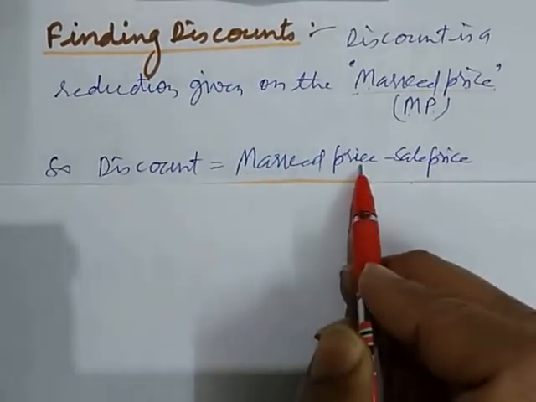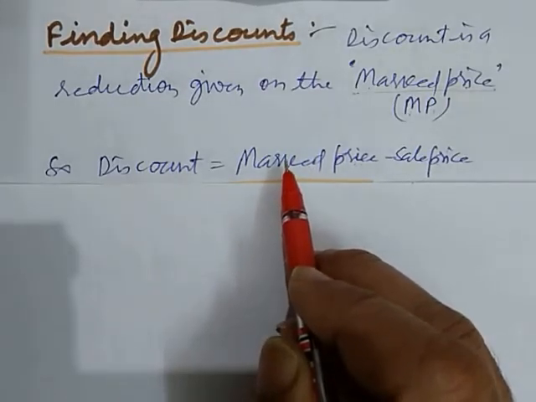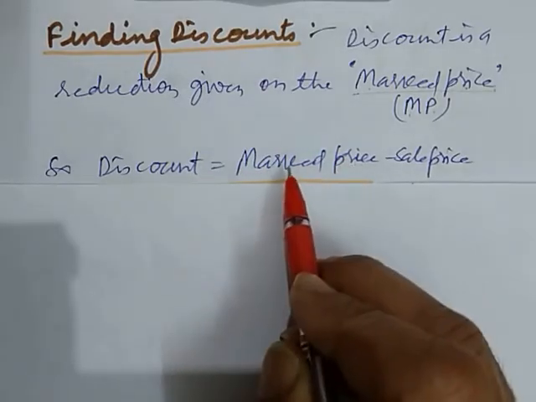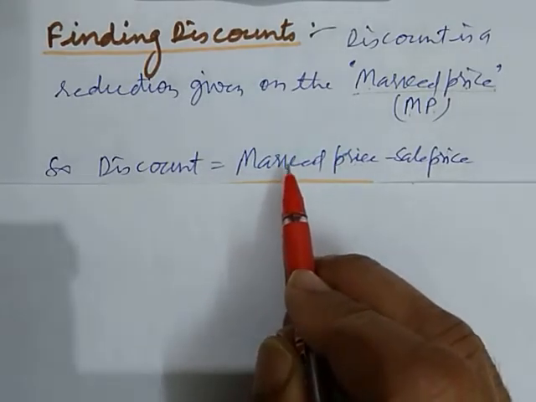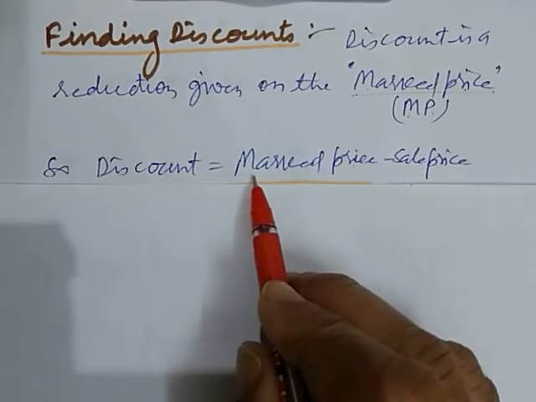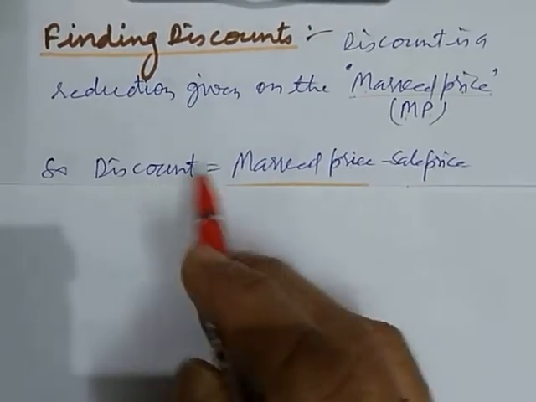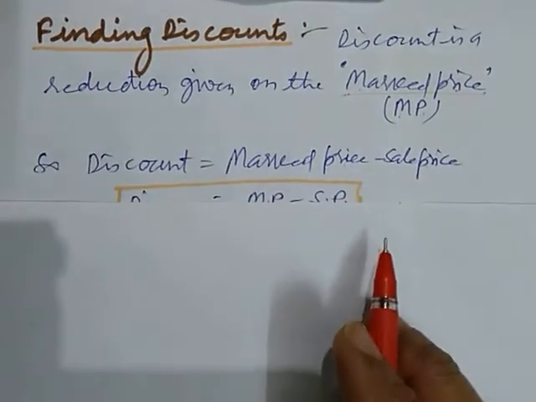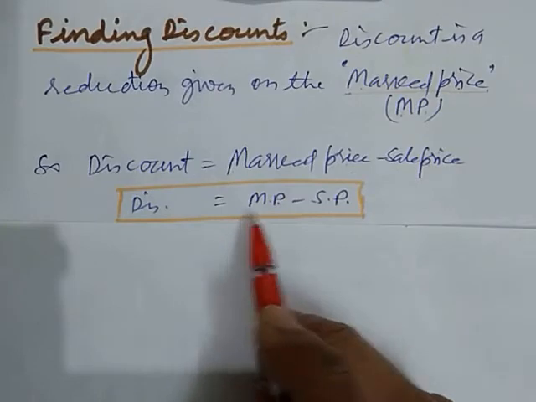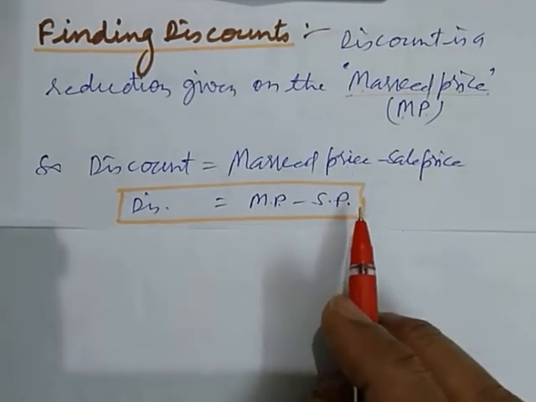Generally you look at the maximum retail price. This marked price or the printed rate, that is the maximum retail price, are one and the same thing. So you consider this marked price, and this minus sale price is the discount. In short, we write discount equals MP, marked price, minus SP, sale price. So learn this.